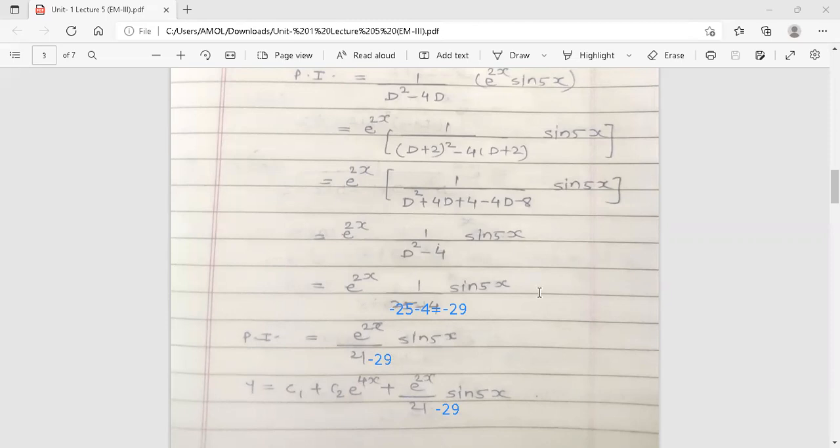It is a trigonometric function. And so the general solution is y is equal to CF plus PI. CF is C1 e raised to 0x, and e raised to 0x is 1, so you just write C1 plus C2 e raised to 4x, plus e raised to 2x upon minus 29 into sine 5x. So this is one correction here.